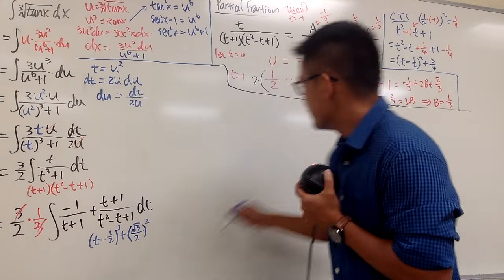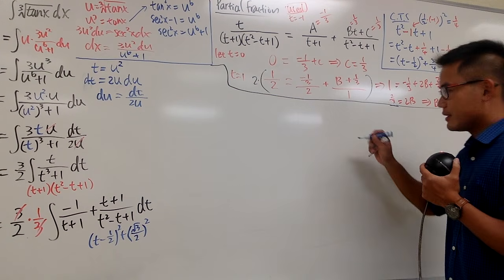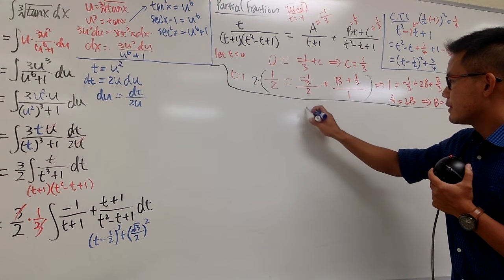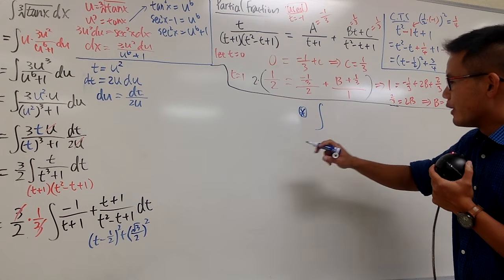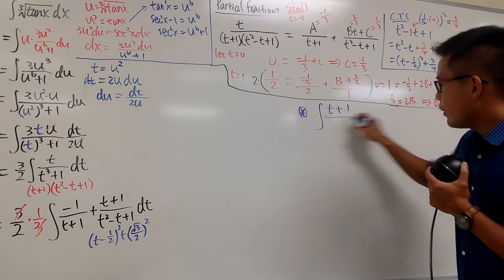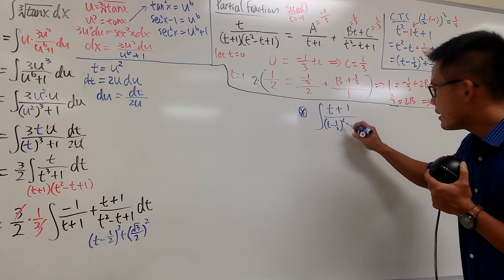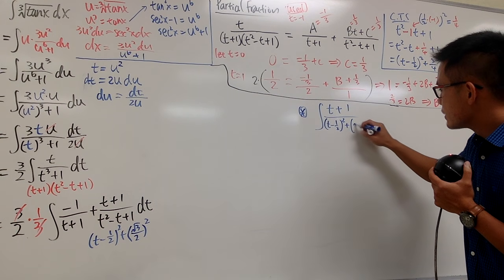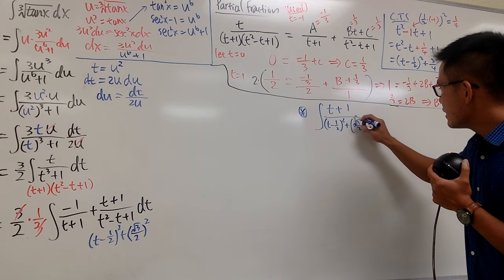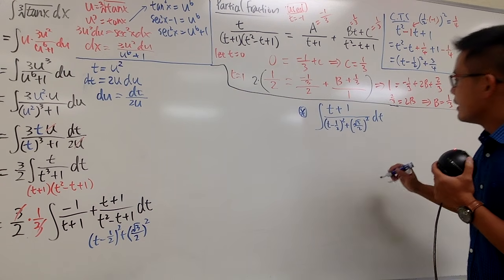So to integrate this, let me put it down here. The integral of t plus 1 over, for the denominator, t minus 1/2 squared plus square root of 3/2 squared, and then we have the dt right here, right?